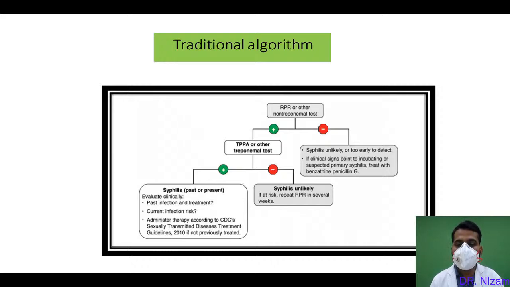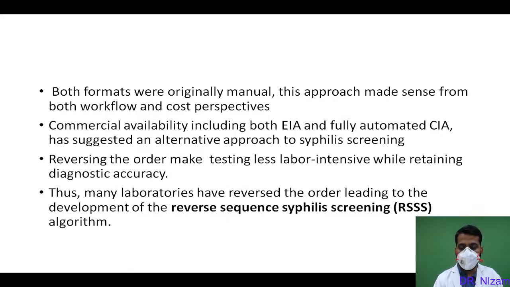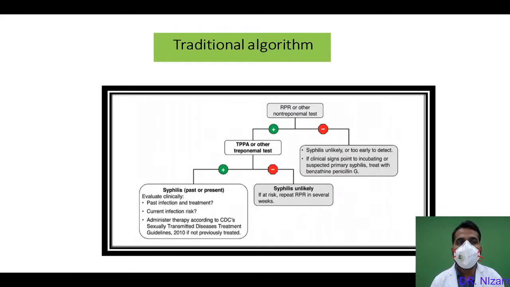If the clinical signs point to incubating or suspected primary syphilis, treat with benzathine penicillin G. If TPPA is positive, then evaluate clinically, that is, for any past infection and treatment, or any current infection risk, and administer therapy according to the CDC guidelines. If it is negative, then the person might be at risk, and repeat the RPR after several weeks. This was the traditional algorithm which was followed for many decades.